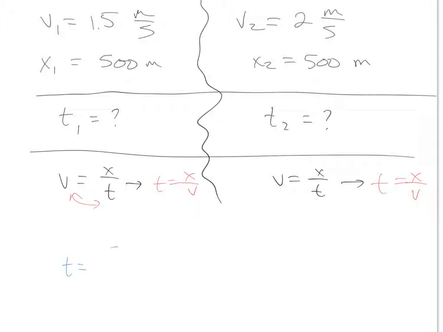So x, which is 500 meters, over 1.5 meters per second. 500 meters over 2 meters per second. What happens to meters? Right. They cancel. Leaving behind what? Conveniently, seconds, because you're solving for time.